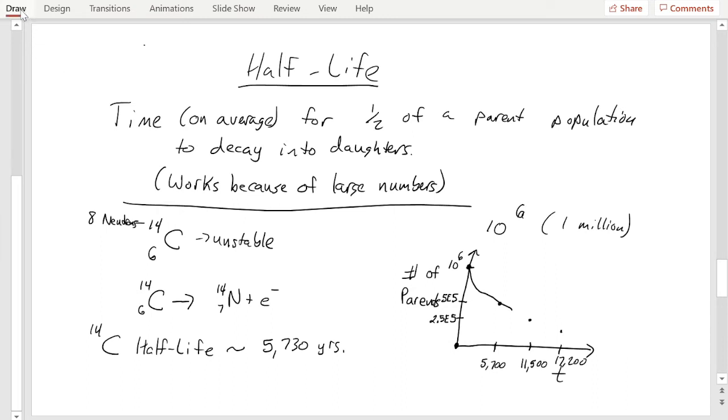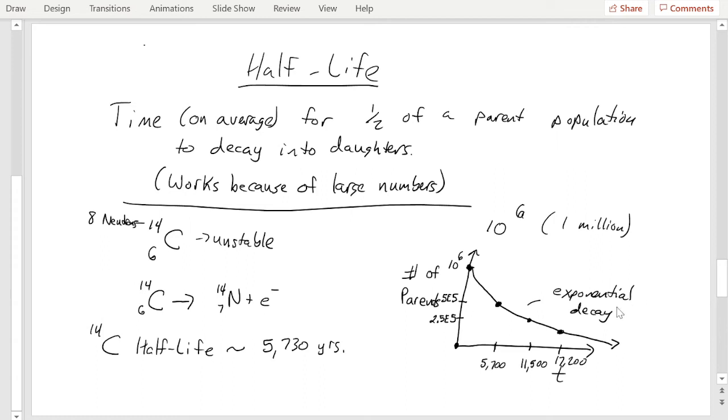Now my artwork's not going to be great here, so I'm going to see if I can erase that and make it a little bit better. So this isn't a straight line, okay? This is what we call an exponential decay curve, right? And this is where math kind of diverges from reality.